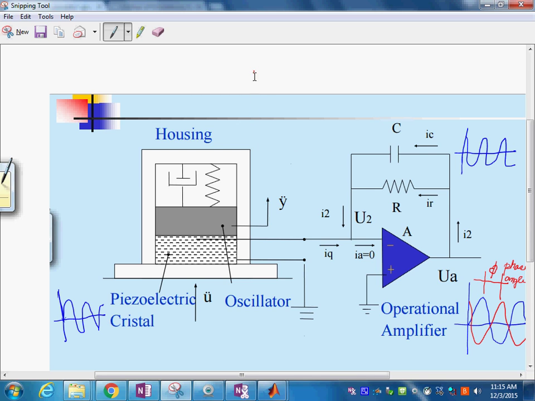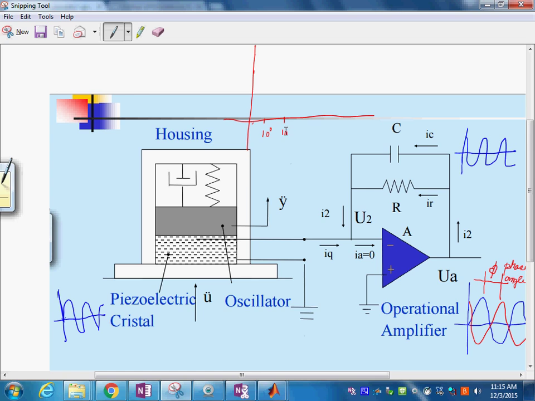I need to do a different plot in here. Maybe I'll just do my plot over here so that we don't have to go to a different page. On this plot, let's say this is 10 to the 0 hertz.